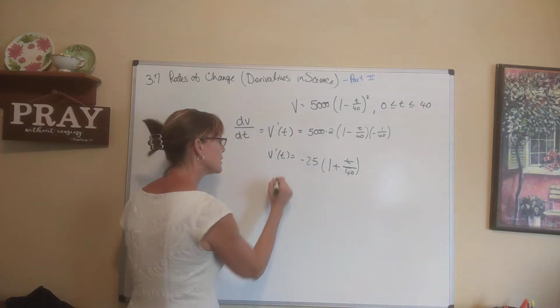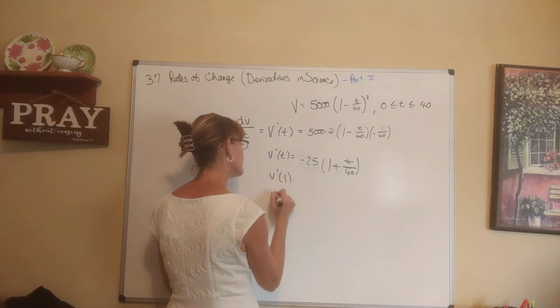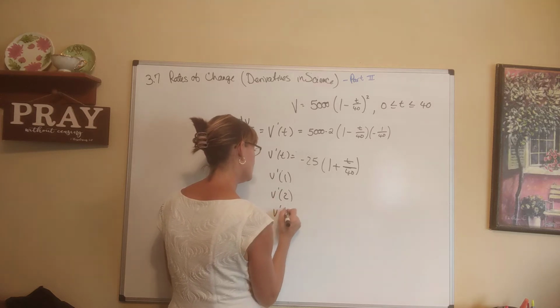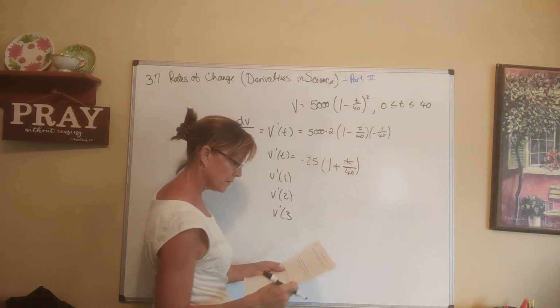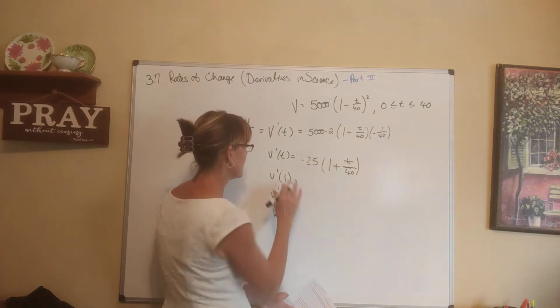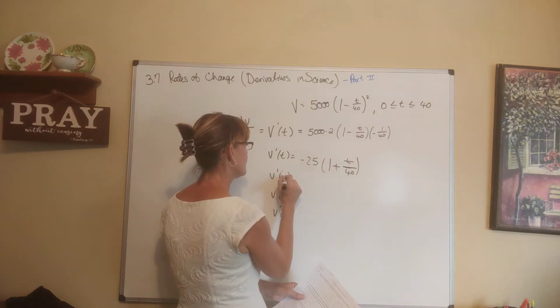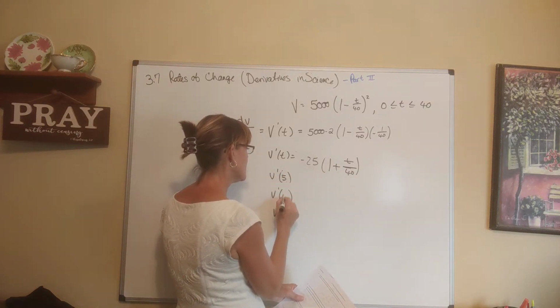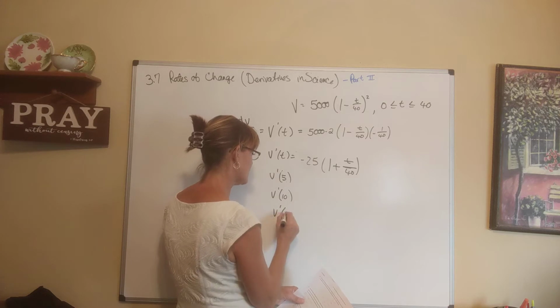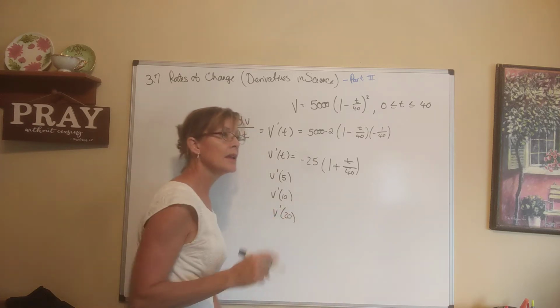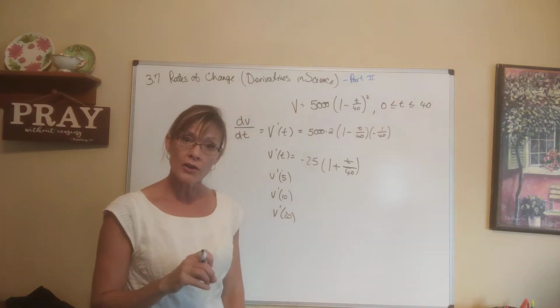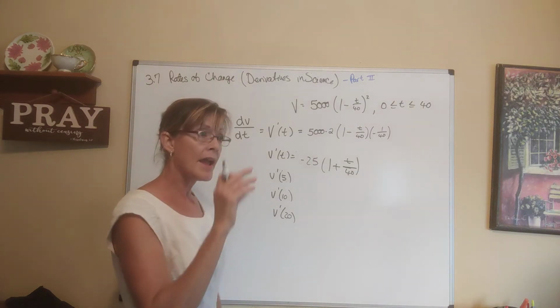Okay, so now what is V prime of 1, V prime of 2, and V prime of, wait, was it 1, 2, and 3? No, it's 5, 10, and 20. After 5 minutes, after 10 minutes, and after 20 minutes. So what they're asking us to find is the rate of change of the volume at this moment in time.